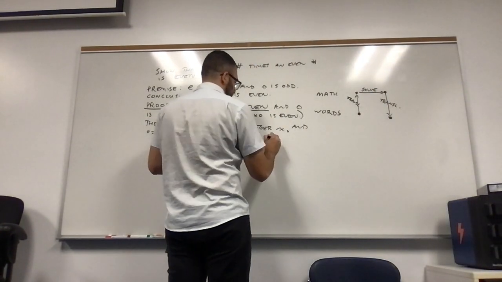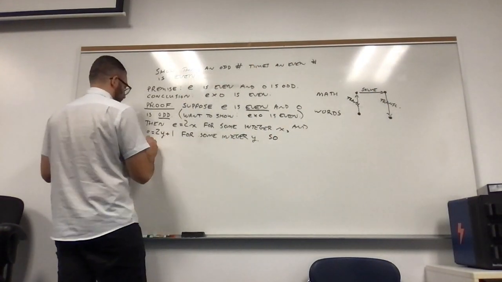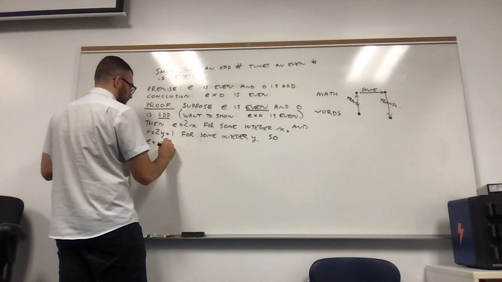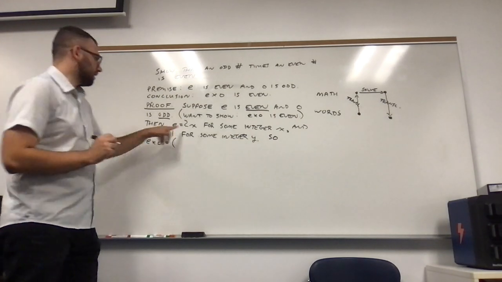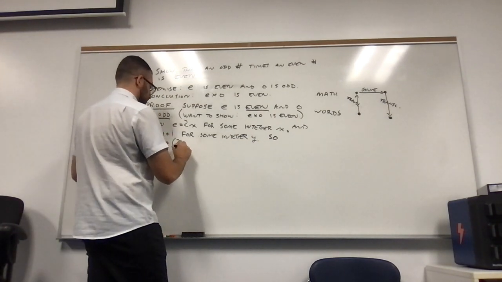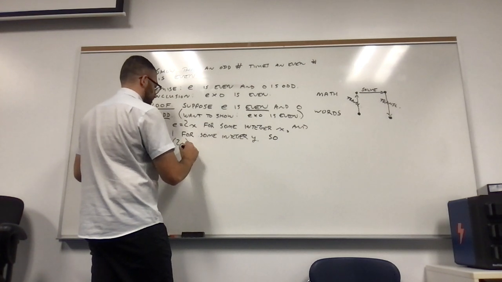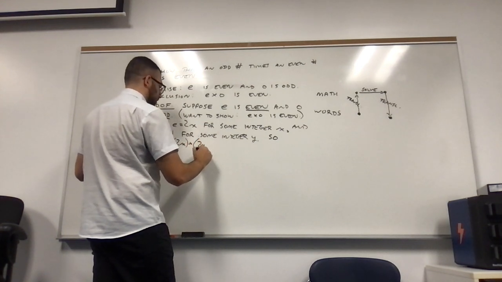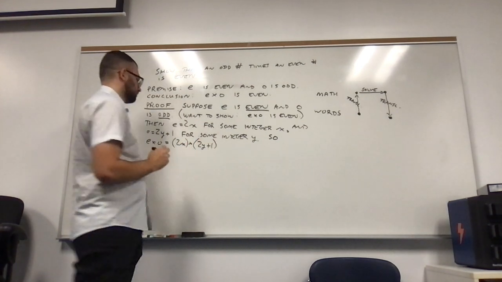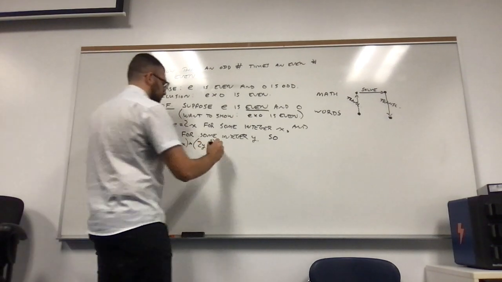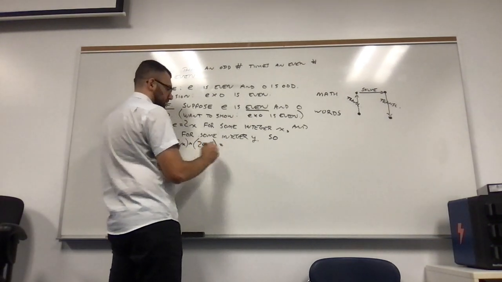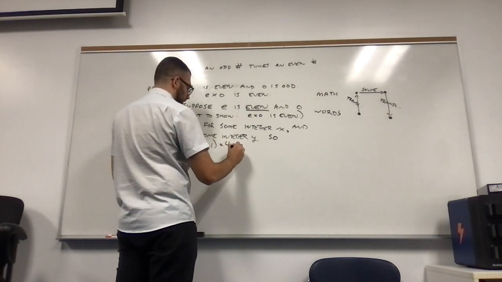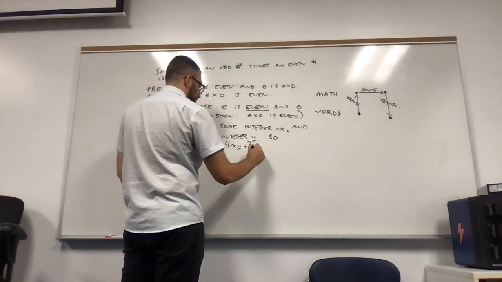Okay, so E times O, well, what's E? E is 2x times O, which is 2y plus 1. Now let's multiply them. So 2x times 2y is 4xy plus 2x.